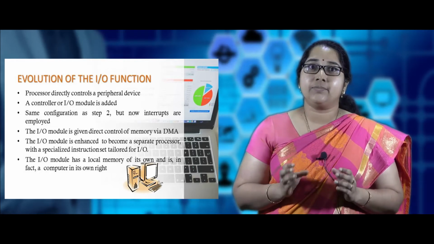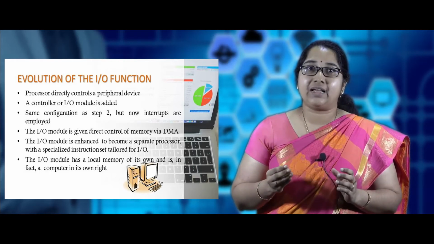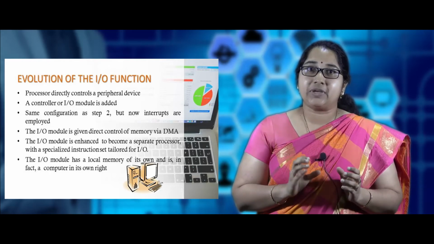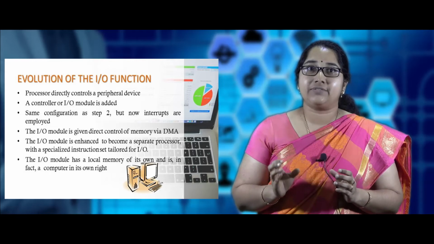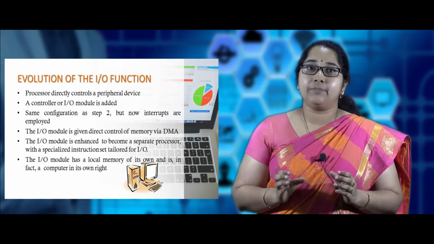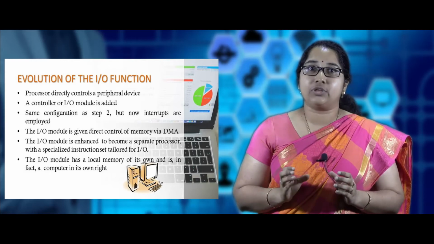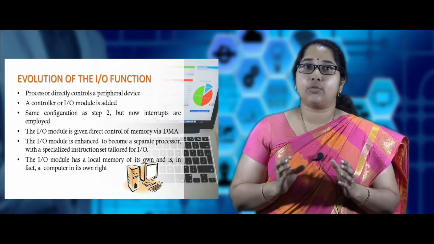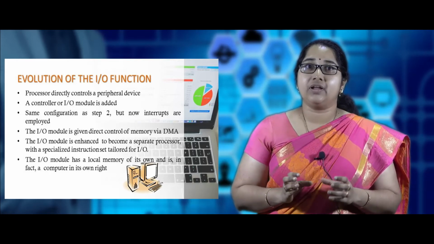In further stages, the I/O modules were enhanced even more in order to become a separate processor. In such cases, specially tailor-made instruction sets were given for each I/O device. And finally, each I/O module was also given a separate local memory and as a result it became a system on its own with its own processor and local memory.